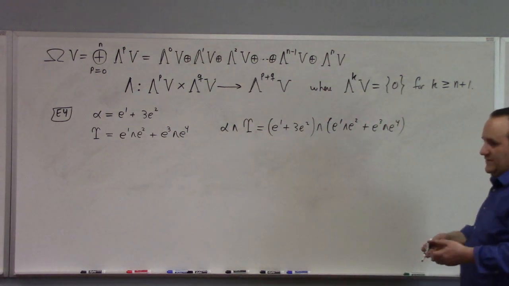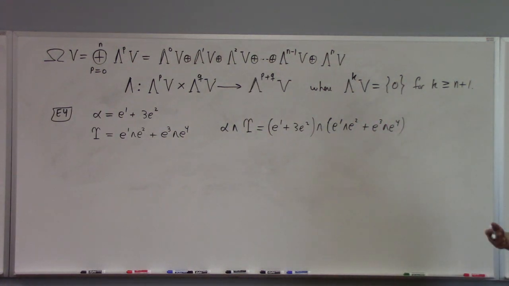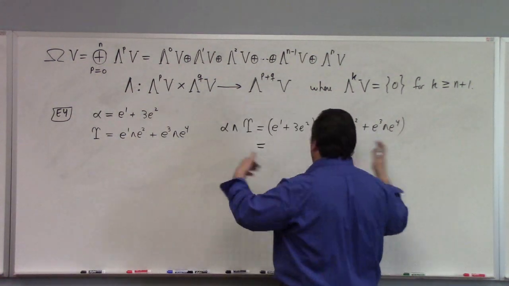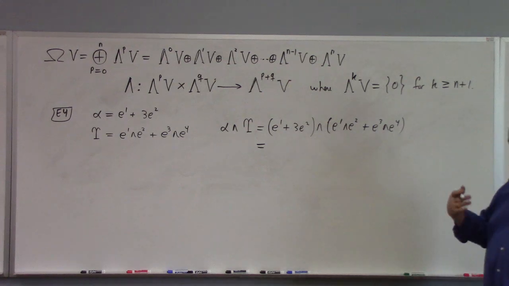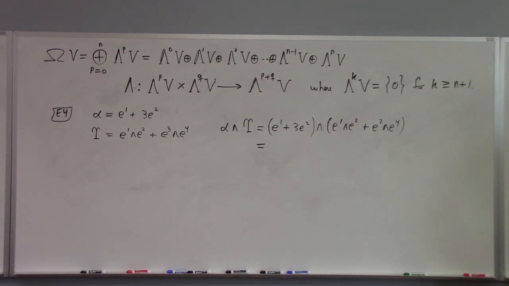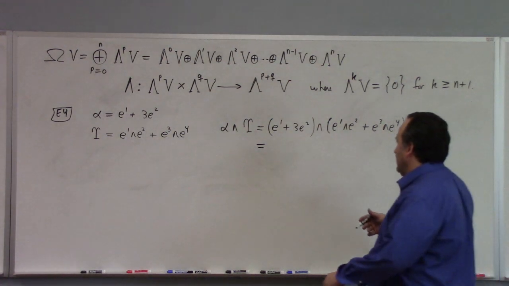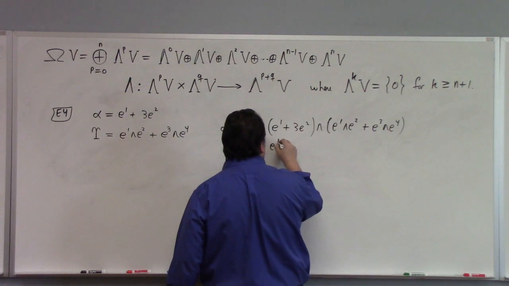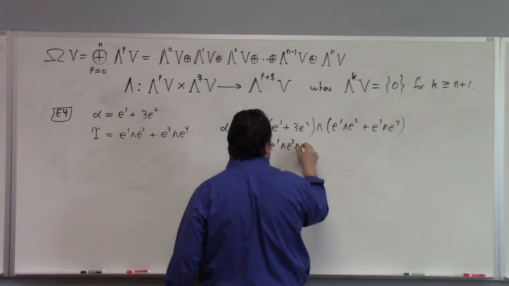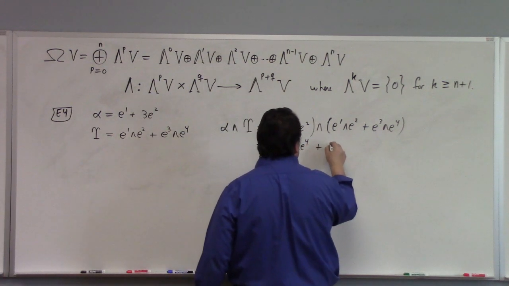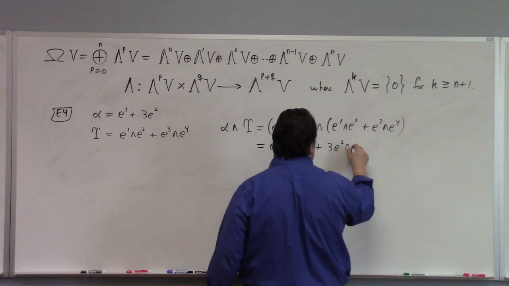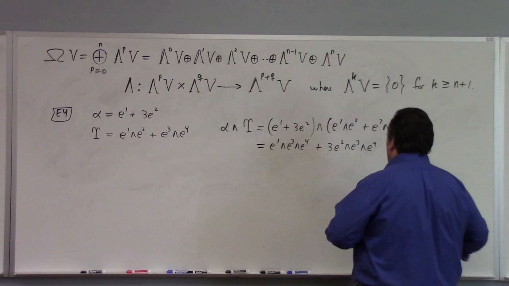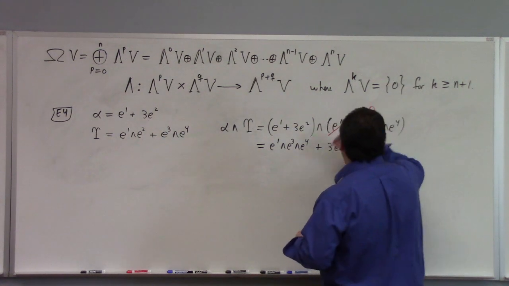And the definition, which I never gave you, says that this wedge product behaves well with respect to distribution. It's associative. Scalars pull out. And as such, this gives us e1 wedge e3 wedge e4 plus 3 e2 wedge e3 wedge e4, because this piece goes to 0.